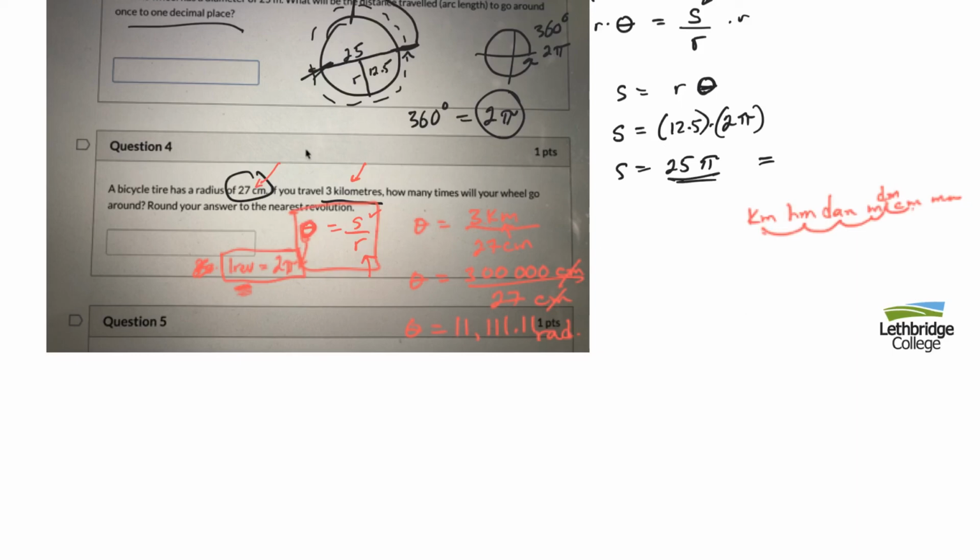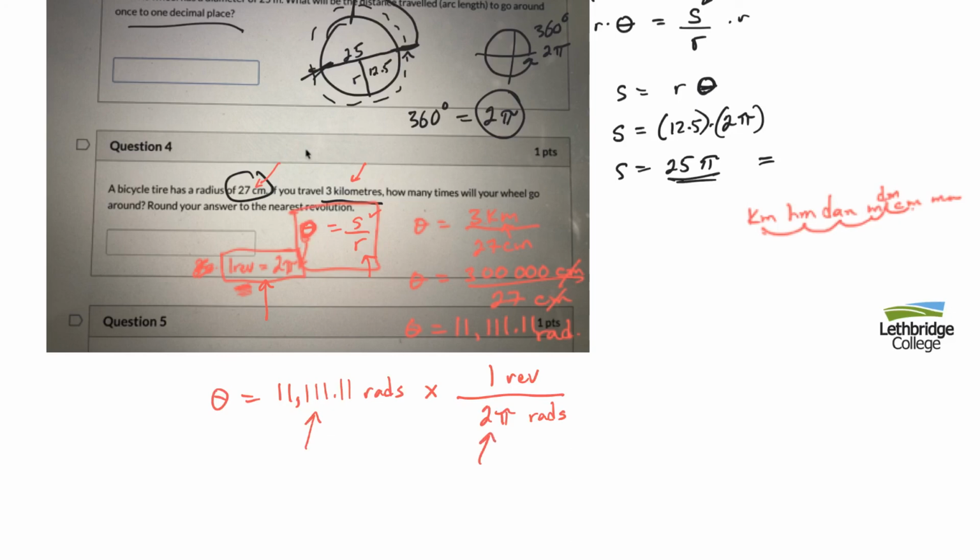So we can come back to this idea of transferring from one unit to another unit. So I have 11,111.11 radians, and I'm going to multiply it by this conversion factor where 2 pi radians are the same as 1 revolution. So I'm just going to take this number here and divide it by 2 pi.